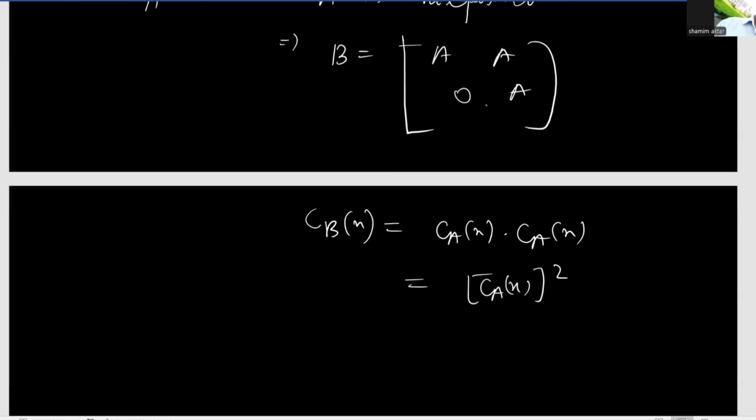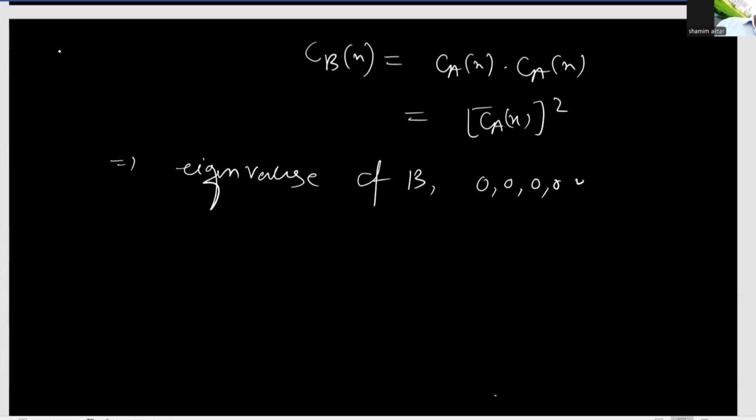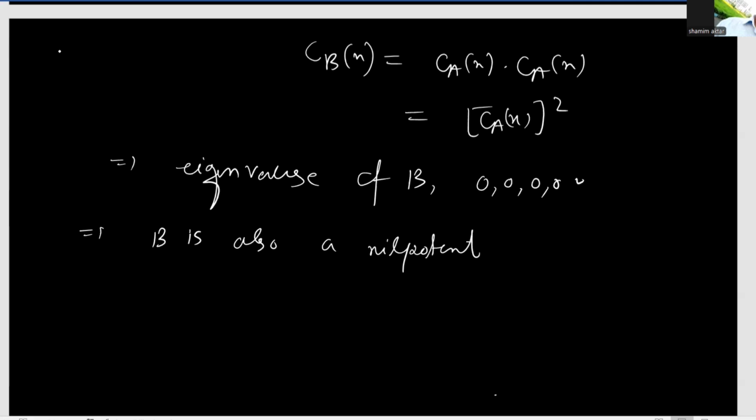So this implies the eigenvalues of B are also 0, 0, 0, 0. So B is also a nilpotent matrix.